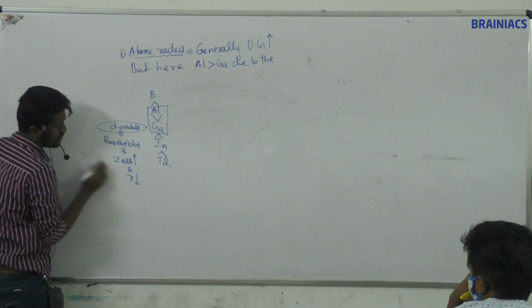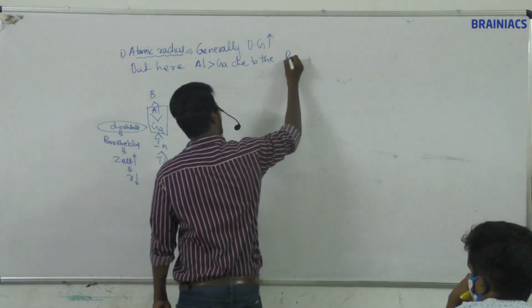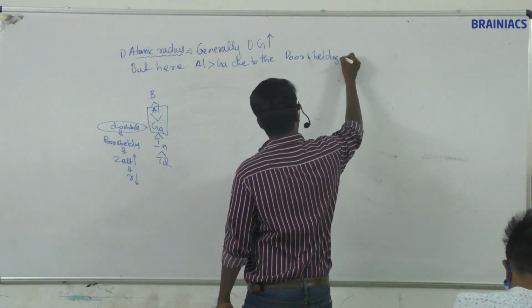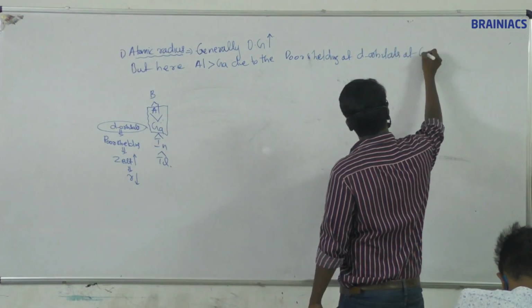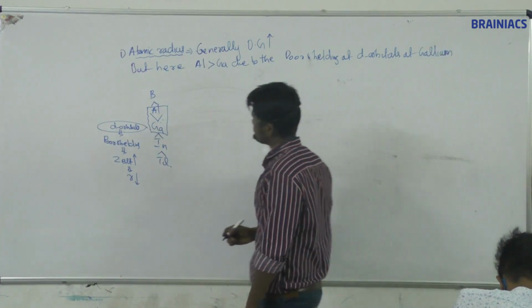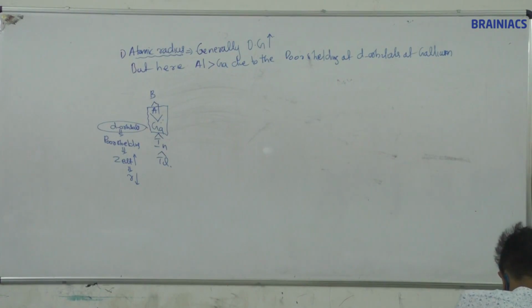So the size decreases due to the poor shielding of d orbitals of gallium. So atomic radius generally increases down the group, but here aluminium has a larger size than gallium due to the poor shielding of d orbitals of gallium.